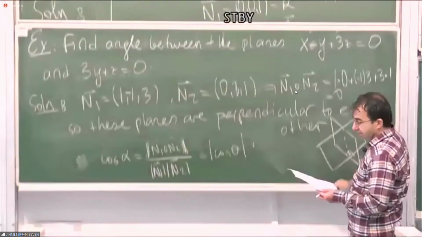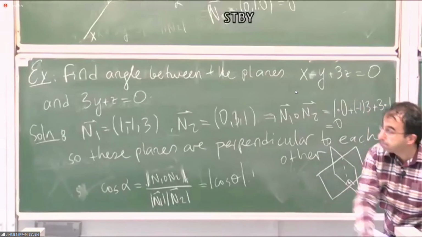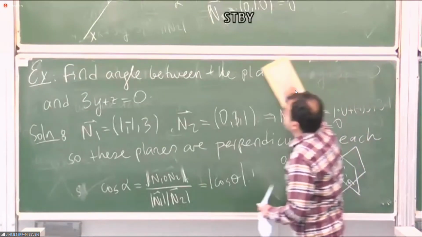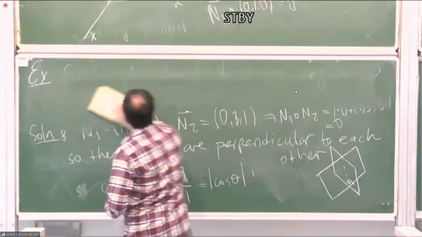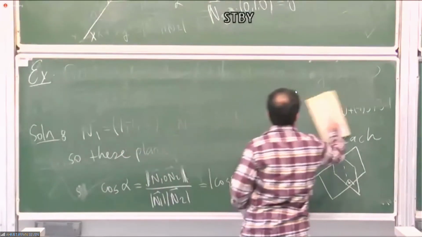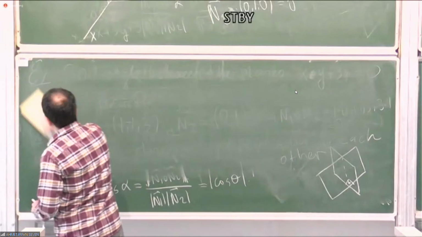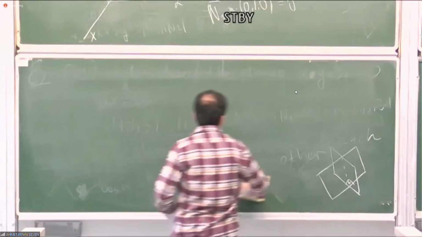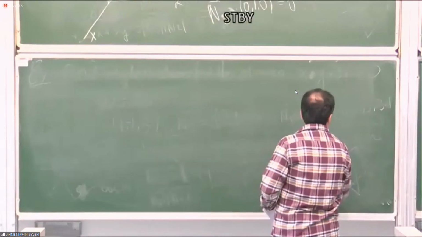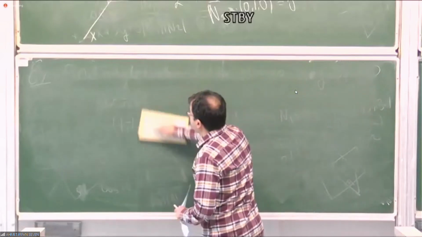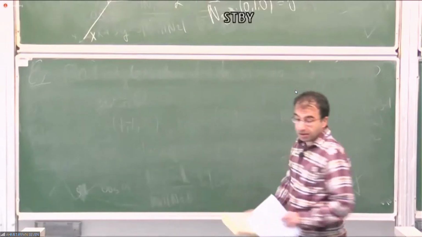Let's now consider the relation between planes and lines. So what can happen between a plane and a line?